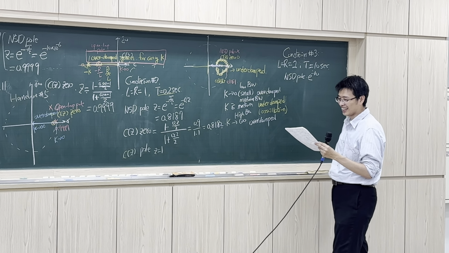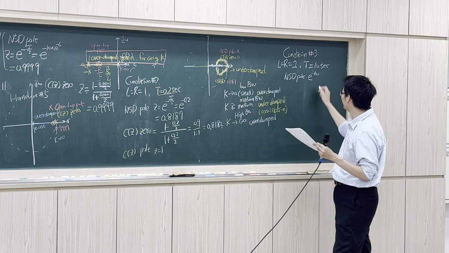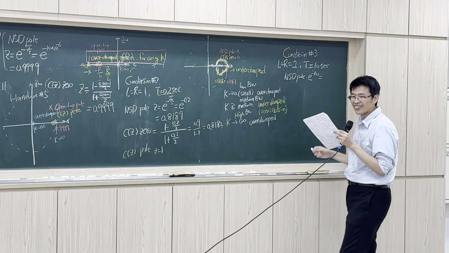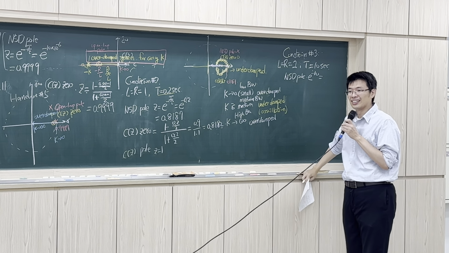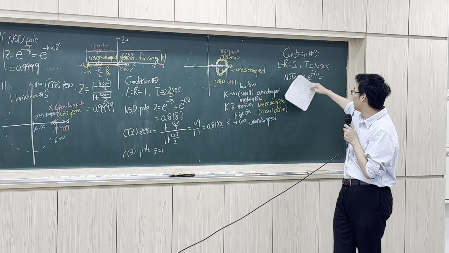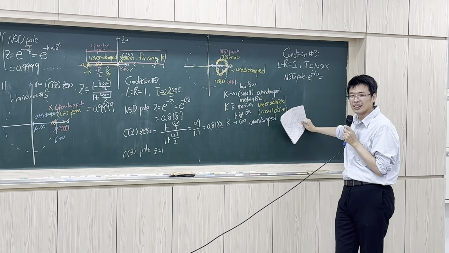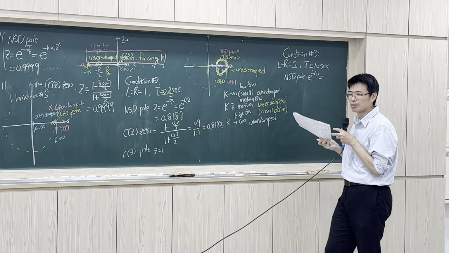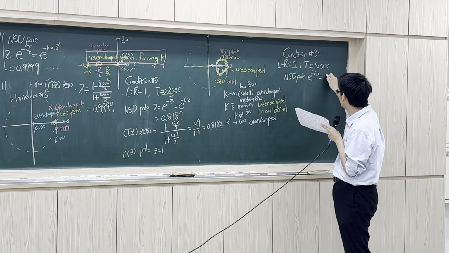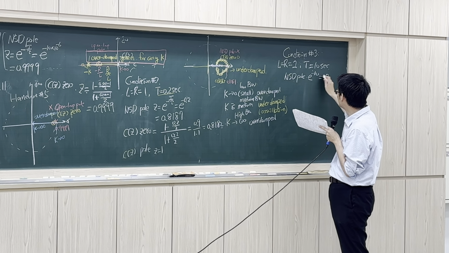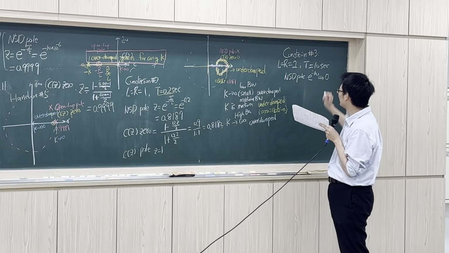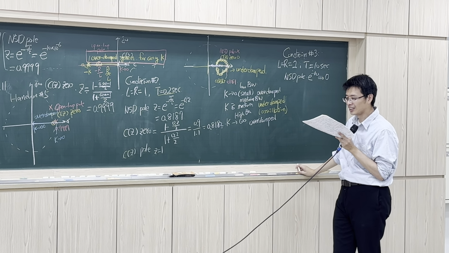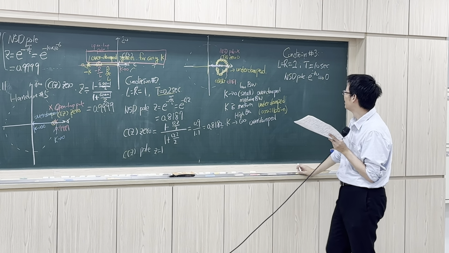A large negative power number for the exponential function, so it will be close to 0.